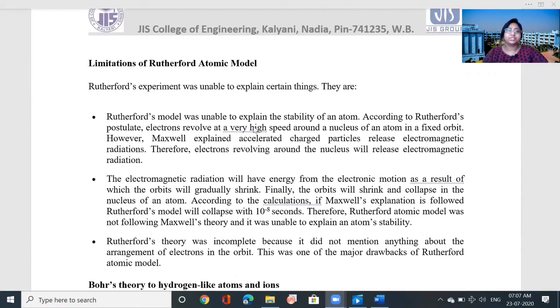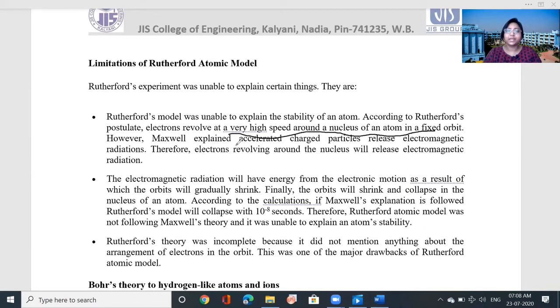Rutherford's experiments were unable to explain certain things. What are those? Rutherford's model was unable to explain the stability of an atom. According to Rutherford's postulate, electrons revolve at a very high speed around a nucleus of an atom in a fixed orbit.